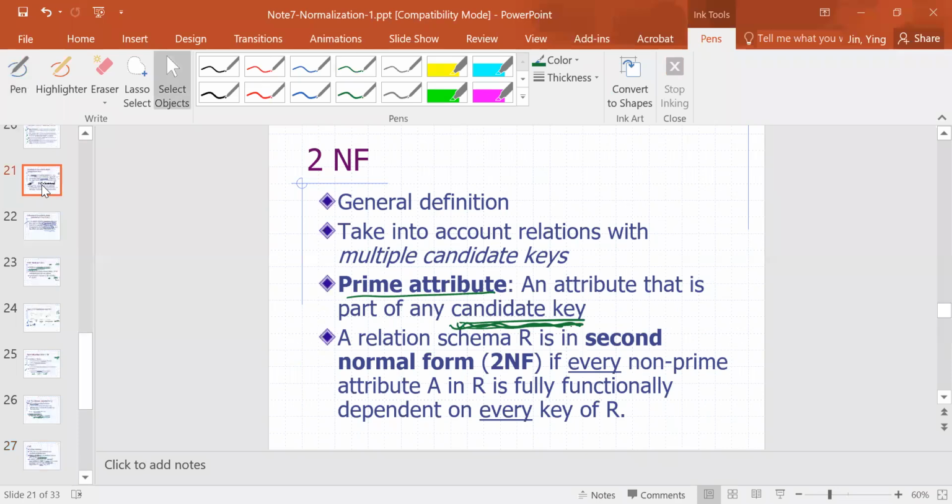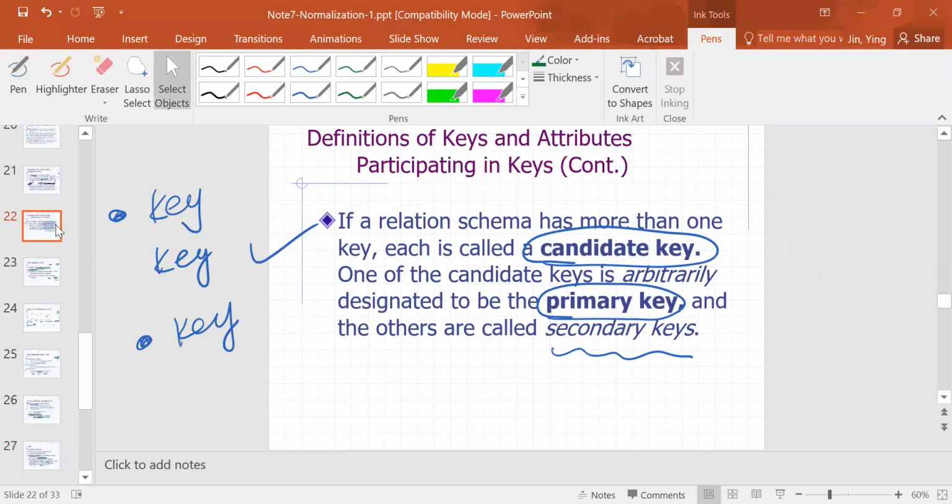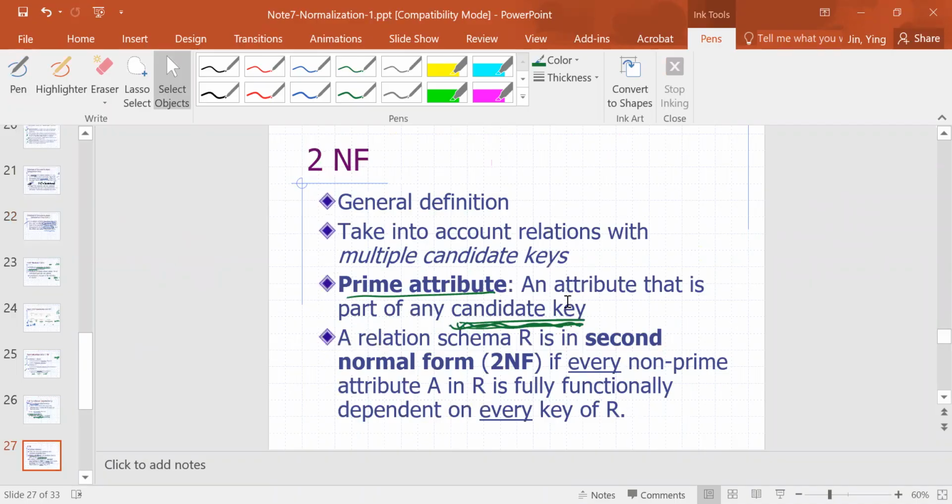Any keys we have are all candidate keys. So when we consider prime attributes, we consider all the keys. The definition of prime attribute is based on all the candidate keys.